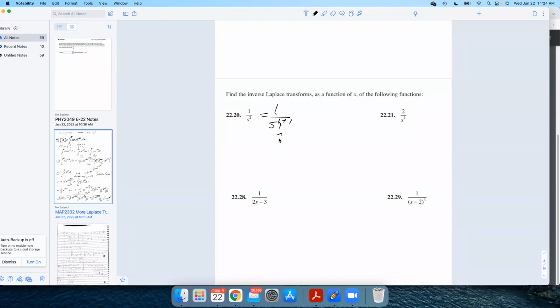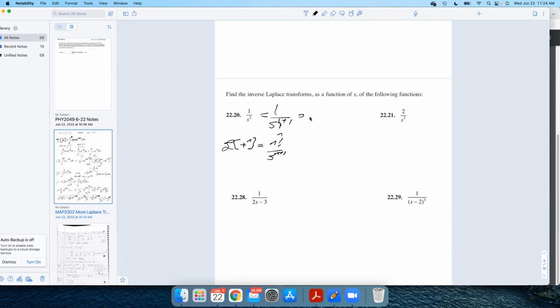So now I have to think of this as, I need the Laplace transform of t to the n is n factorial over s to the n plus 1. I need to make sure I have an n factorial on top.